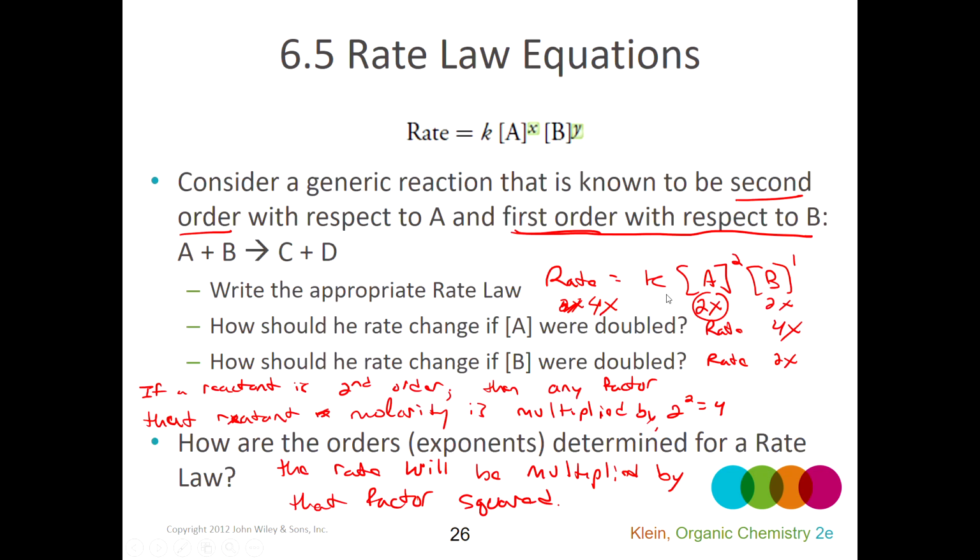So if I triple the molarity, 3 squared is 3 times 3, I would experience a 9-fold increase in the rate. If I quadruple the molarity, 4 times 4 is 16, I'd see a 16-fold increase in the rate.